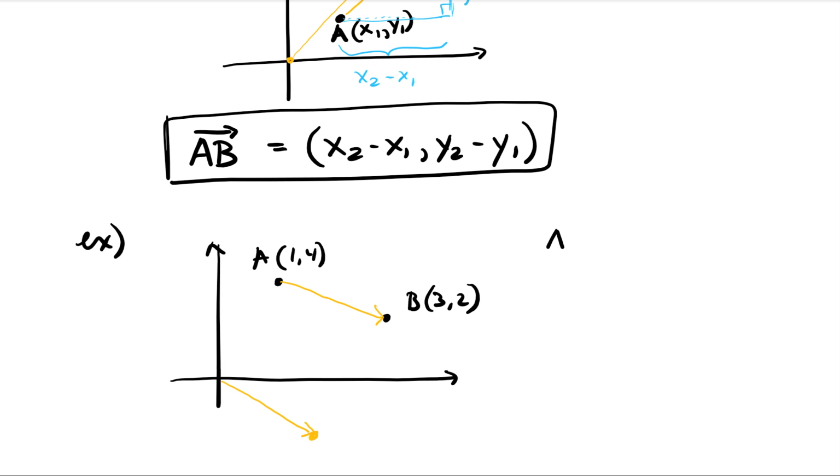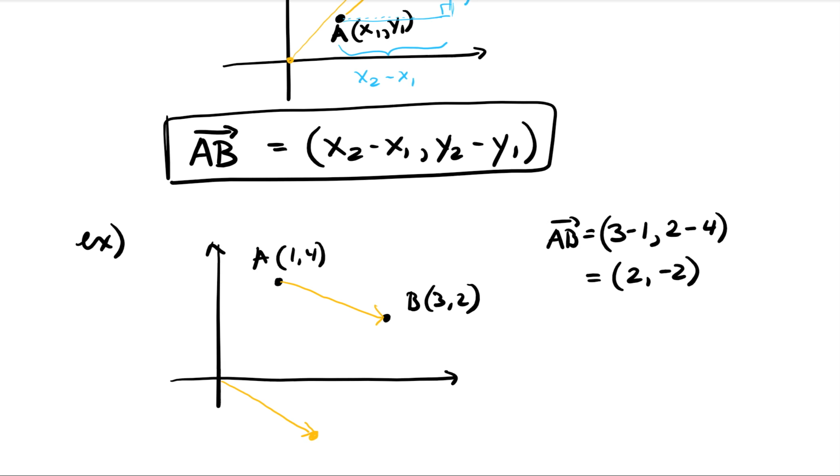So the vector AB, according to the formula, is x2 minus x1, y2 minus y1. Of course here the y coordinate of our position vector is going to be negative.